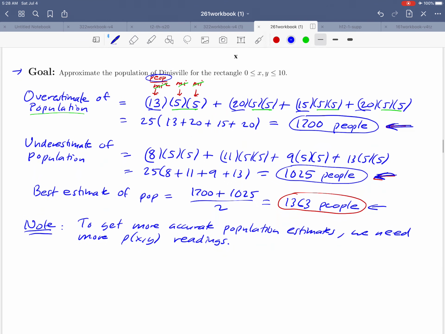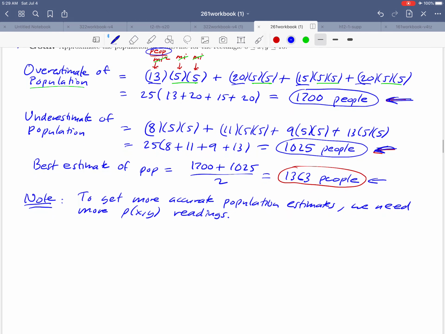And then we could ask the question, what would we need if we wanted to calculate the population exactly? Okay, well, that would be kind of like taking a limit. If we could know what the population density was at every single point in the square, okay, then we would essentially be taking a limit as the size of our little subsquares goes to 0, and we would ultimately wind up with the exact population.